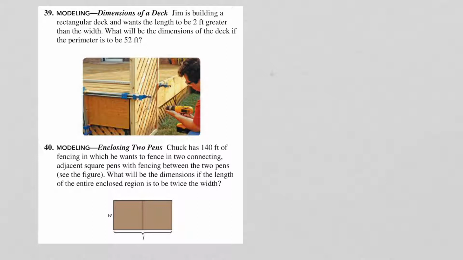Jin is building a rectangular deck, keyword, and wants the length to be 2 feet greater than the width. What will the dimensions of the deck be if the perimeter is 52? So another keyword there. Let's read it again. We know, first of all, it's rectangular. The deck is rectangular.